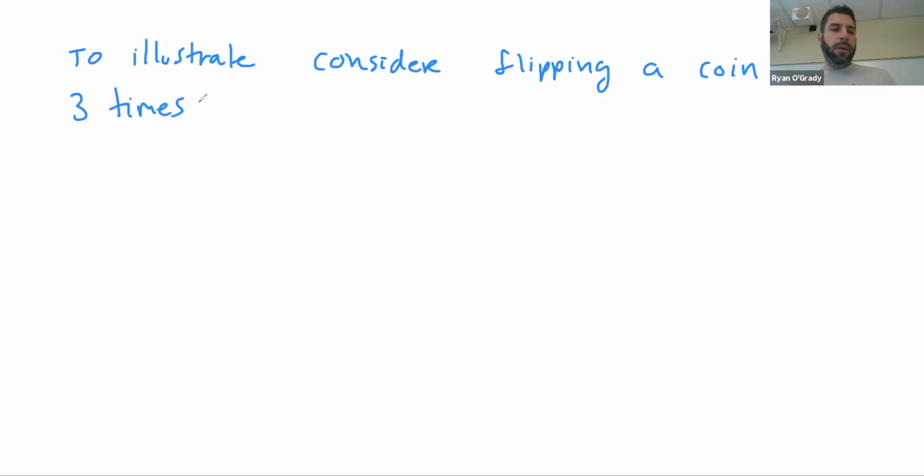So let's illustrate an example. To illustrate, consider flipping a coin 3 times. So this is similar to what we did on Monday. Monday, I think we said, let's flip it 4 times. Let X be the number of heads.